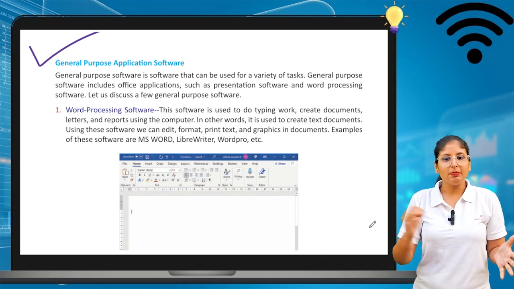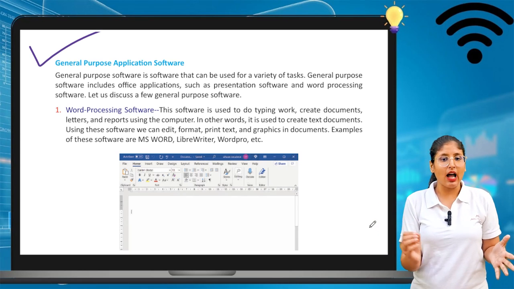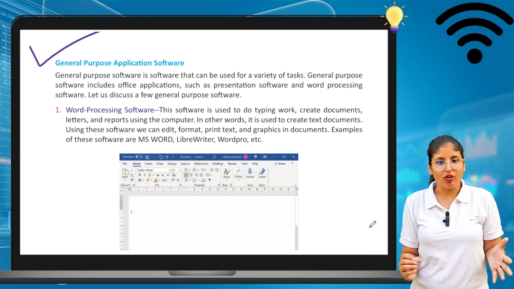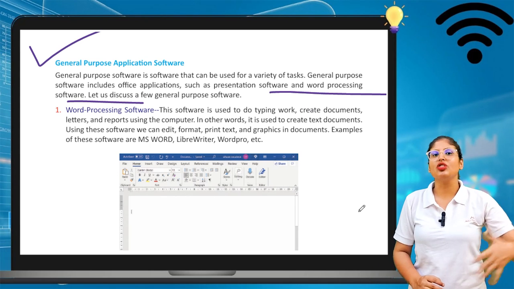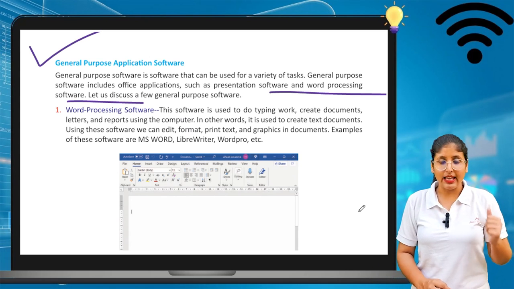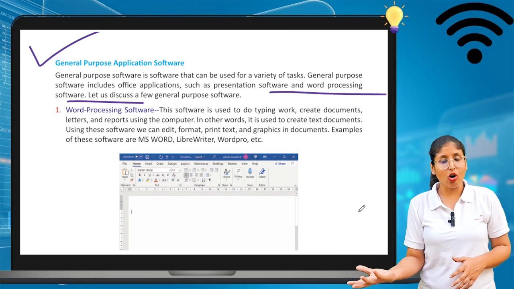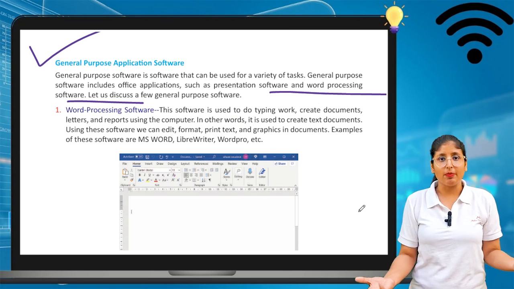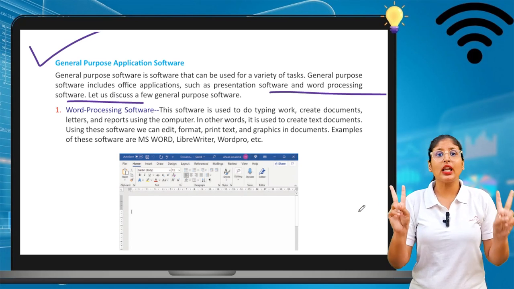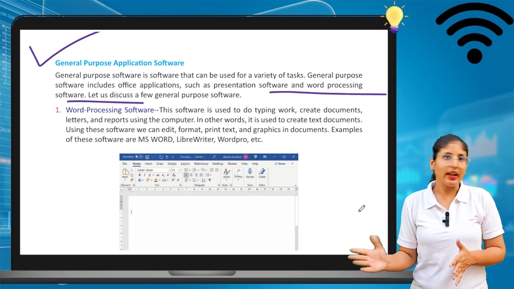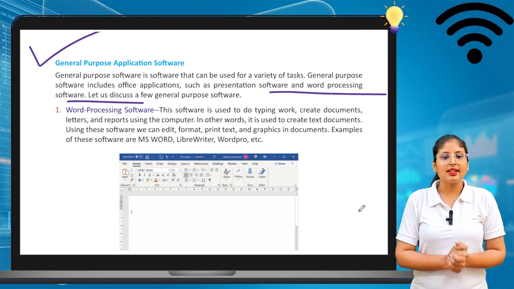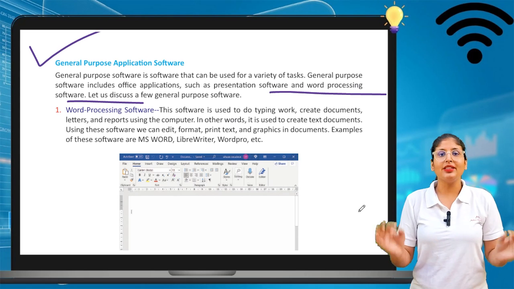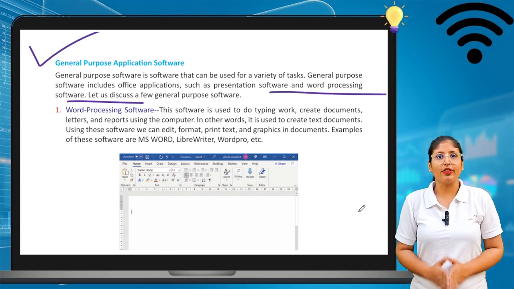General purpose software includes office applications such as presentation software and word processing software, because we use these two in our day-to-day life. One is presentation, the second is word processing. Let's see some general purpose software in detail.